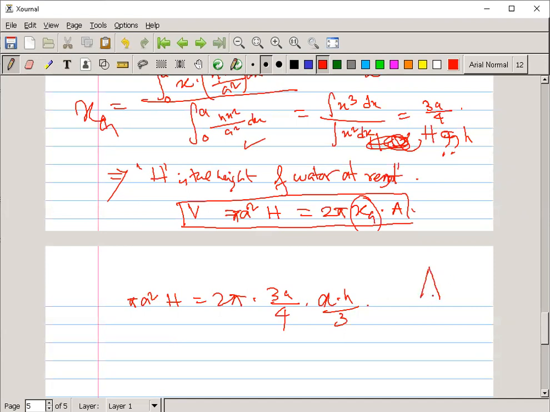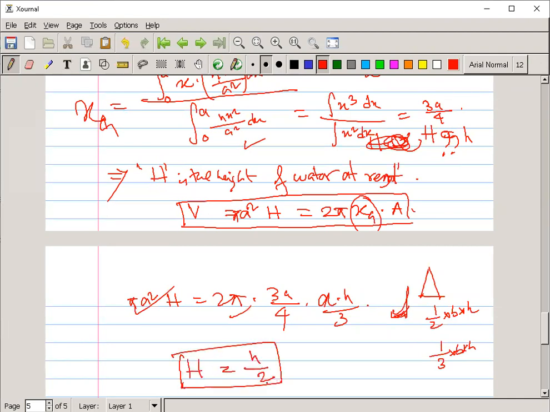Like for a triangle, half into base into height, right? For a cone, 1/3 of base into height. Similarly for a parabola, it is a into h by 3. So you just equate these two, and you get H is h by 2.